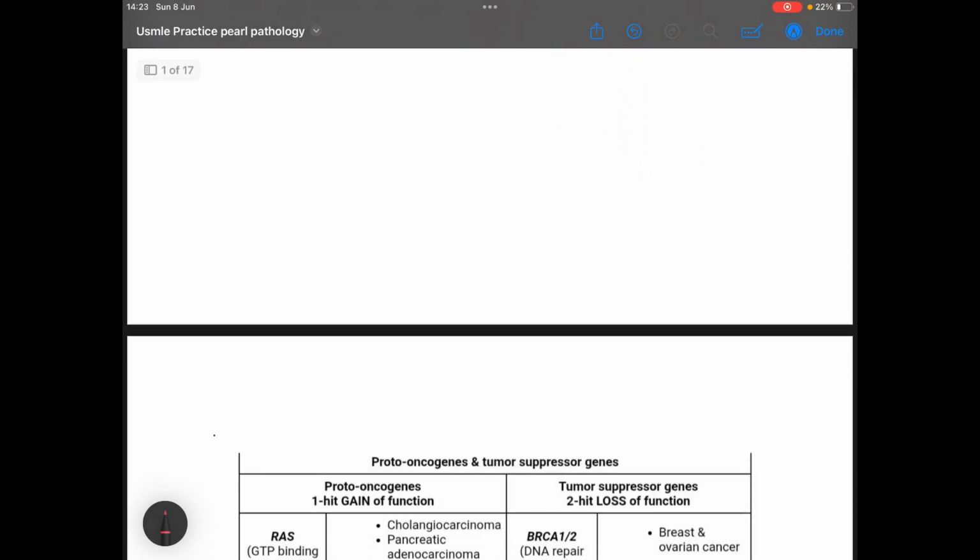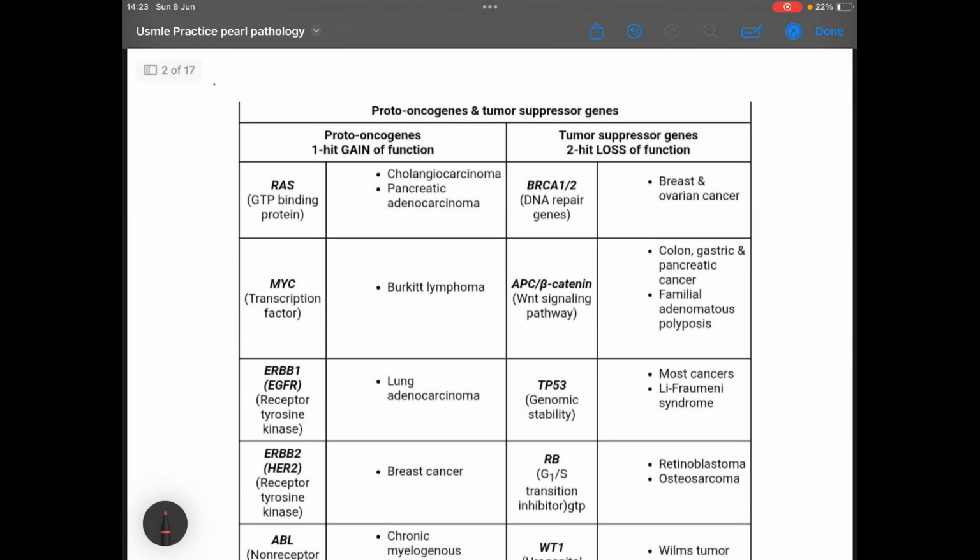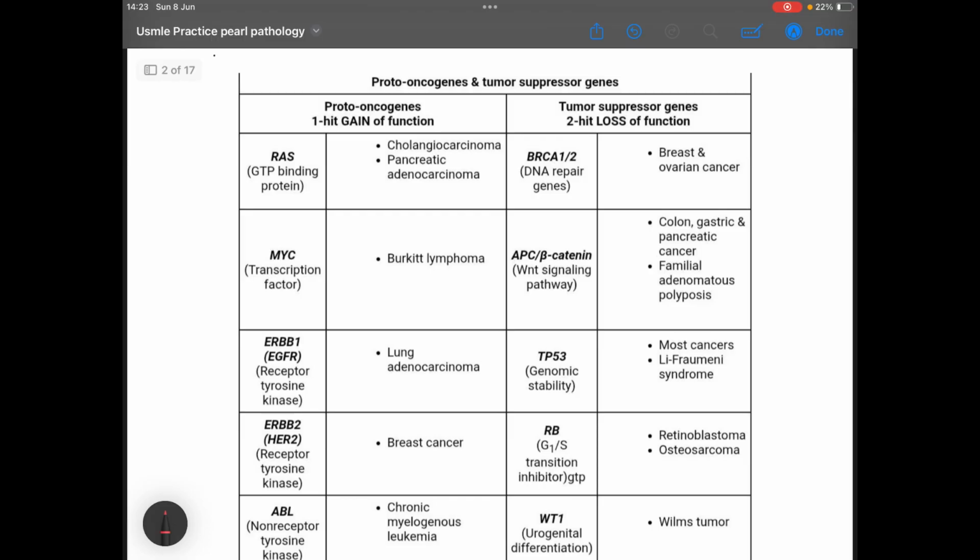Now if you go to this table of proto-oncogenes and tumor suppressor genes, what are proto-oncogenes and tumor suppressor genes? Proto-oncogenes are normal genes that promote cell growth and division, while tumor suppressor genes are normal genes that prevent uncontrolled cell growth.